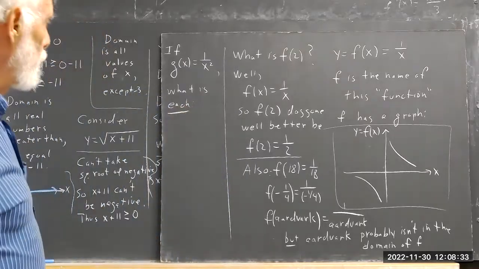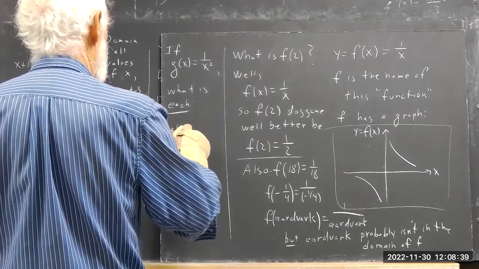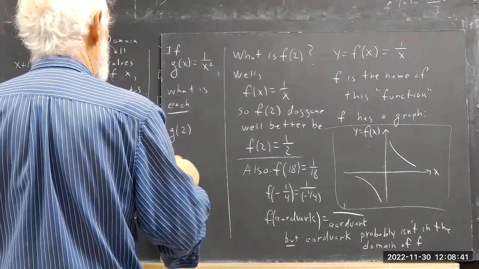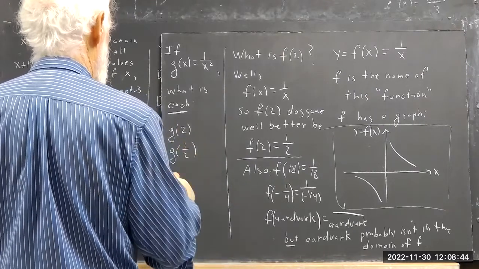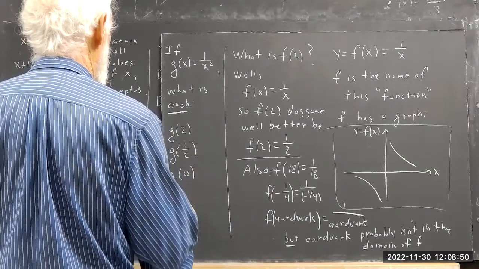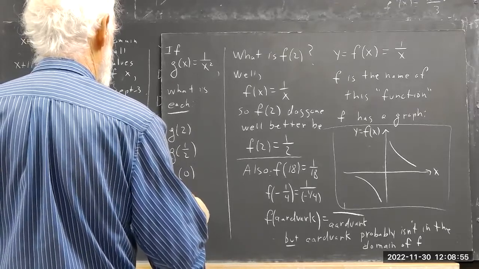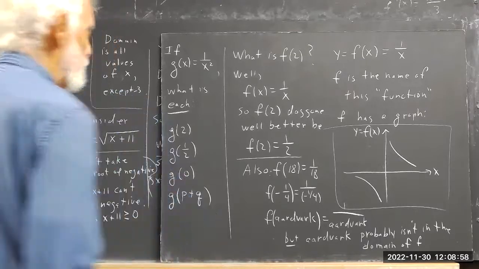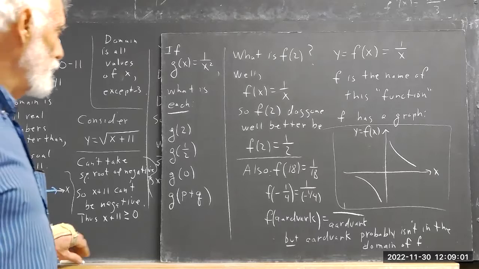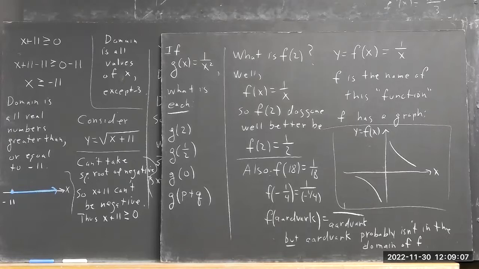If g of x is 1 over x squared, what is each of the following? Down there toward the end, it starts looking a little weird.